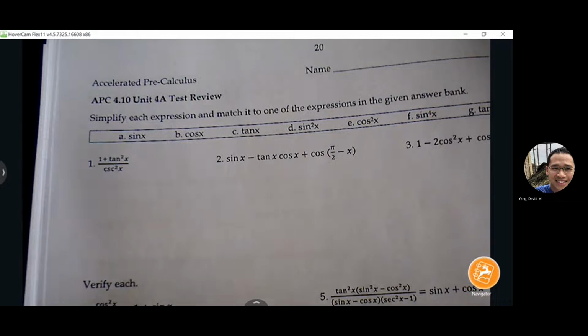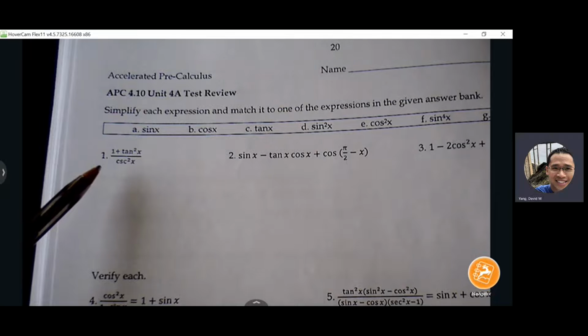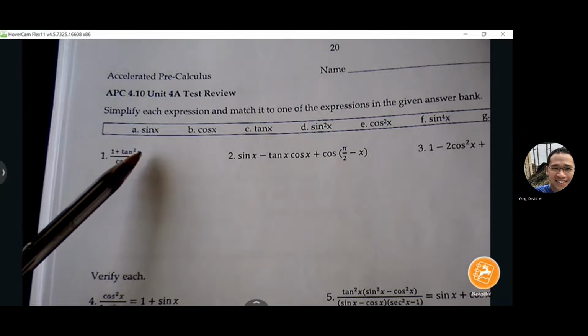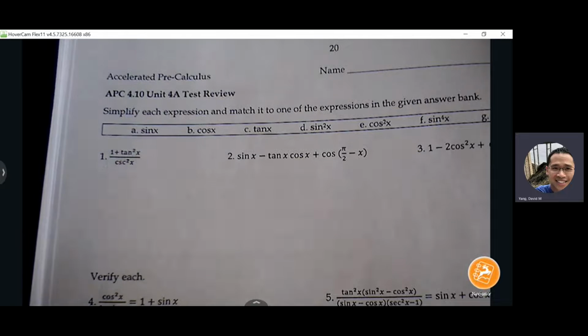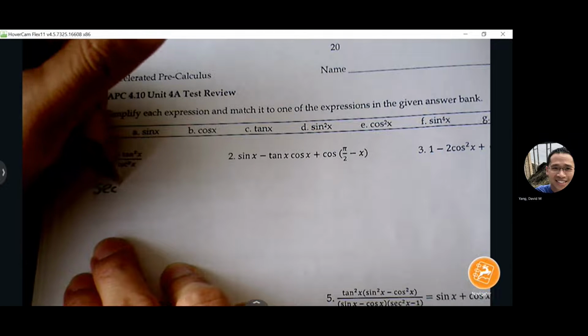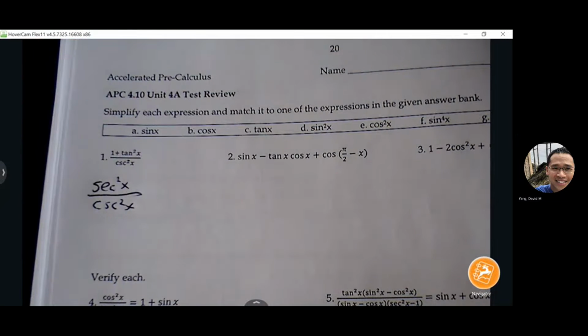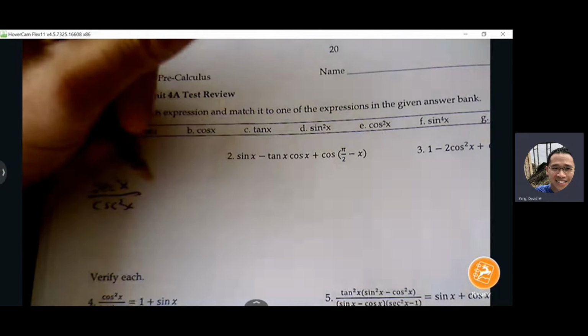For number 1. Secant squared. Yeah, there's an identity that's showing up at the beginning here. Okay, secant squared over cosecant squared. What can I do to see the similarities between them? Yeah, write everything in terms of sine and cosine, right?